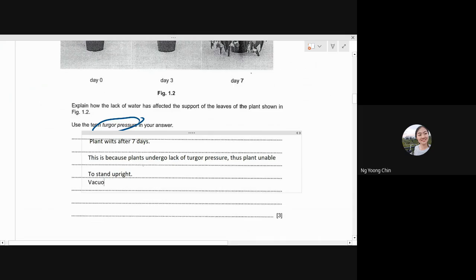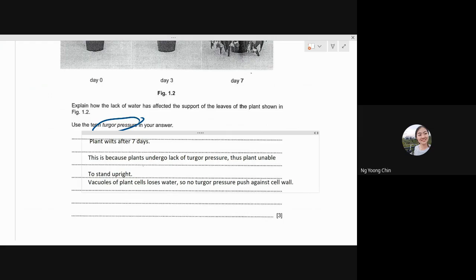The vacuole of the plant cell loses water. So no turgor pressure. Okay. No turgor pressure to push against the cell wall.